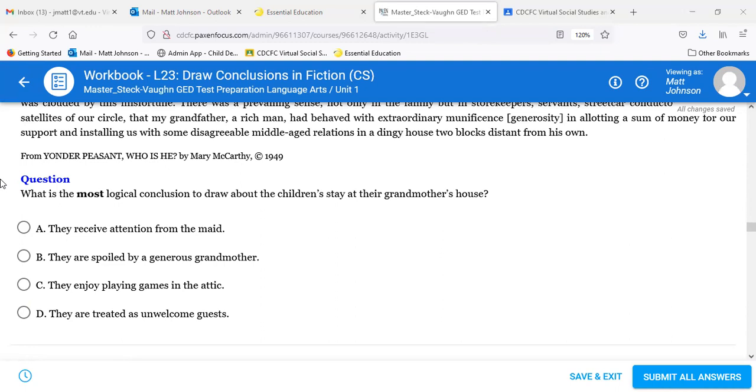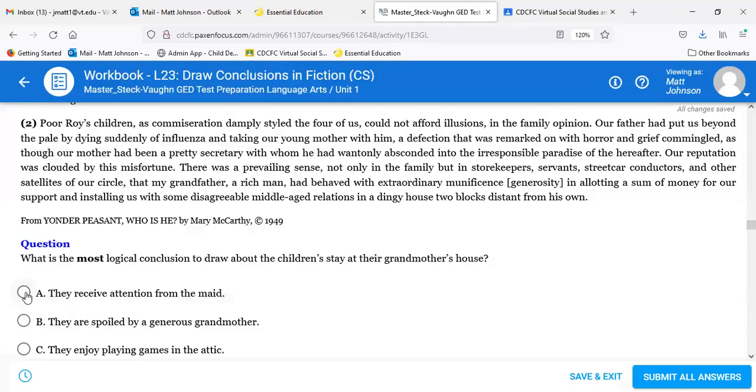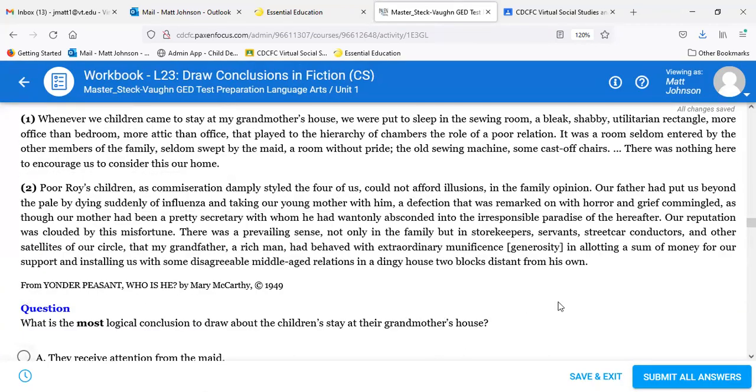D. They are treated as unwelcome guests. We get that sense from the whole passage, right? You could look at that last line.